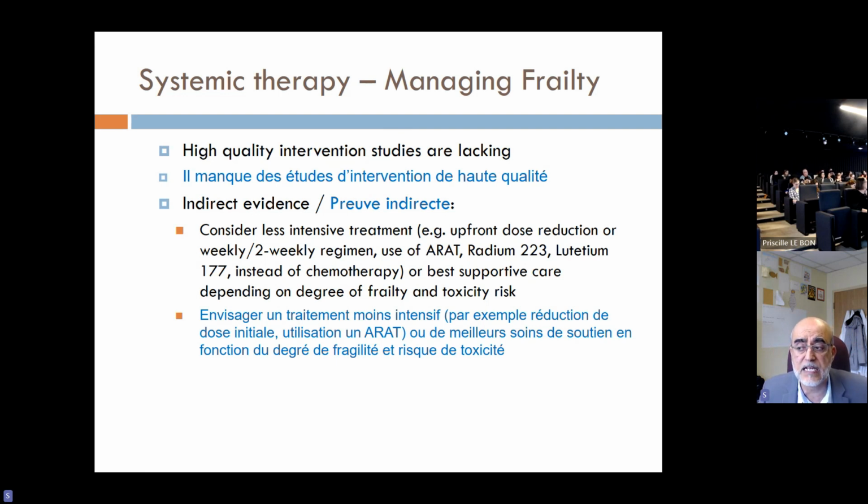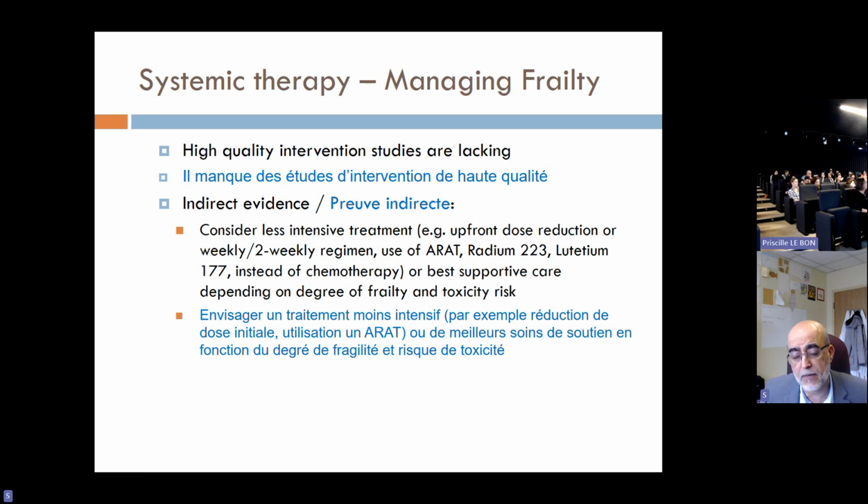They should be avoiding doublet therapy and should be looking at single agent therapy. And they should be considering regimens such as the weekly or 2-weekly regimens rather than the conventional 3-weekly regimen if you are going to consider docetaxel or cabazitaxel.